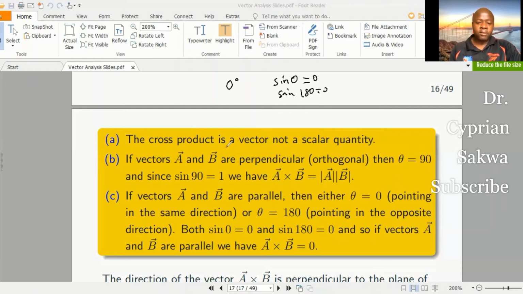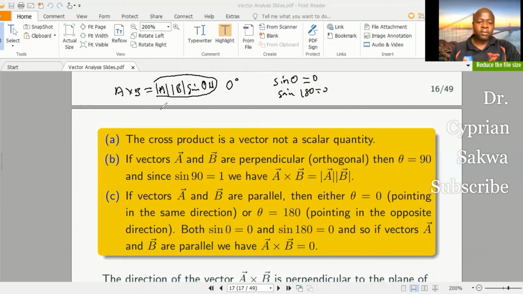So that means that if we have A cross B equal to the magnitude of A times the magnitude of B sine 0 with that direction, that unit vector, then this part becomes 0. Sine 0 is 0, so the whole of the right-hand side becomes 0.